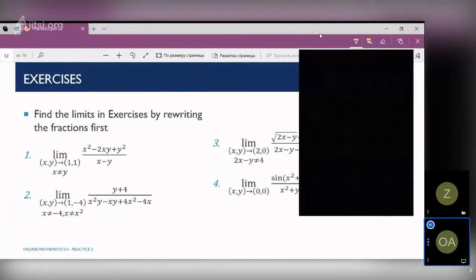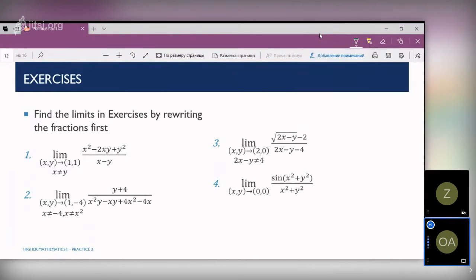For example, the first one says x squared minus 2xy plus y squared over x minus y. So x tends to 1, y tends to 1. 1 minus 1 is 0, so it's not possible to find the limit directly. First try to rewrite, and then calculate the limit.